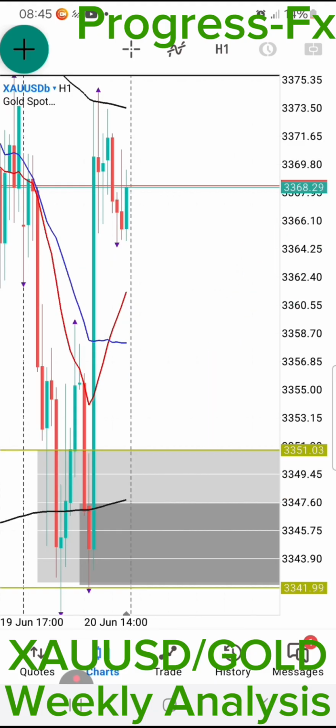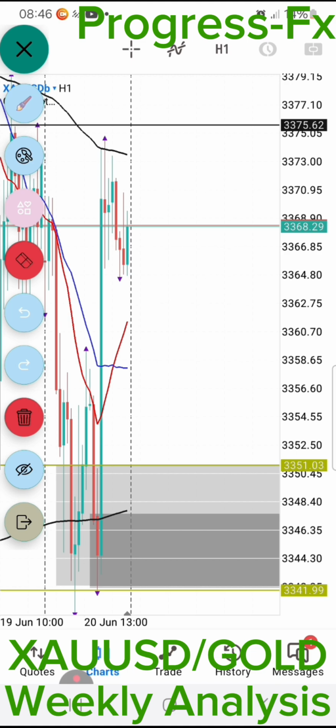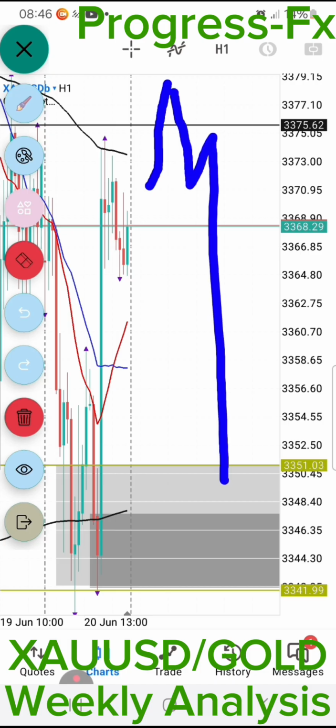Let's go to H4. Let me show you once again. You expect this, probably continuation for retesting the bullish movement, and then this comes down to look for this other block.